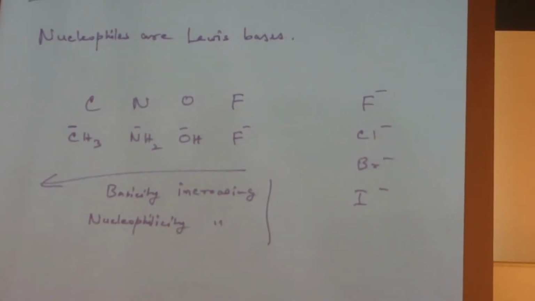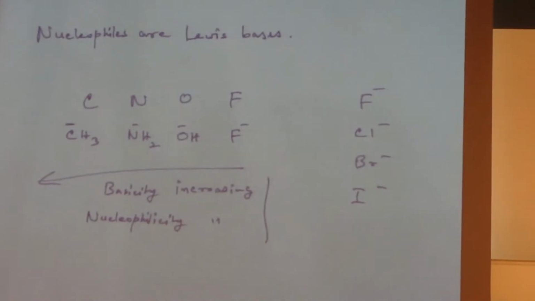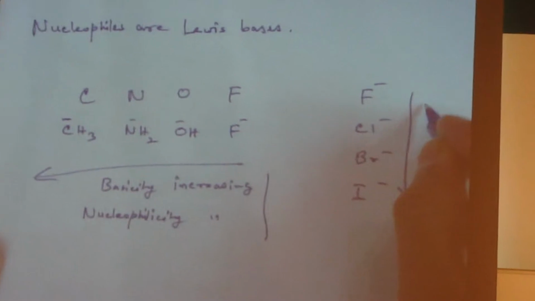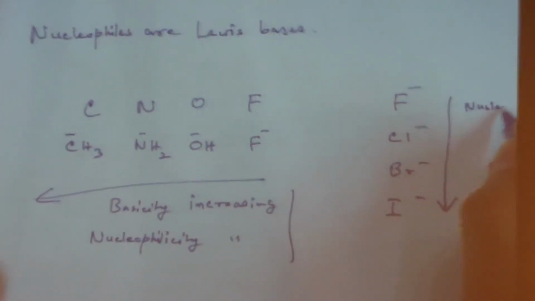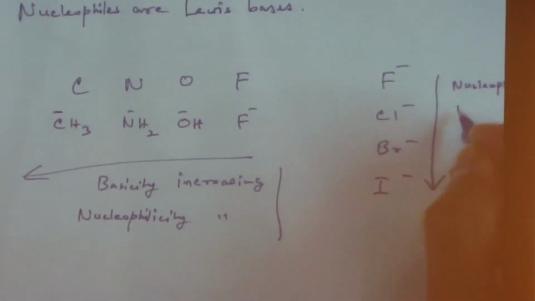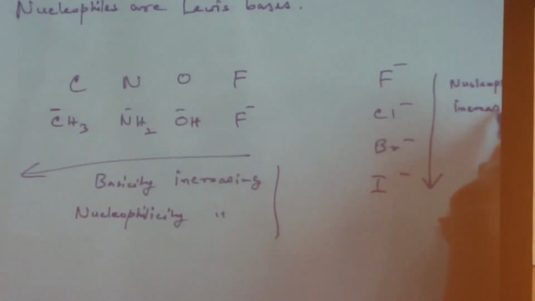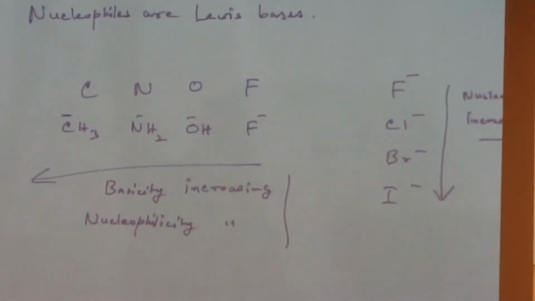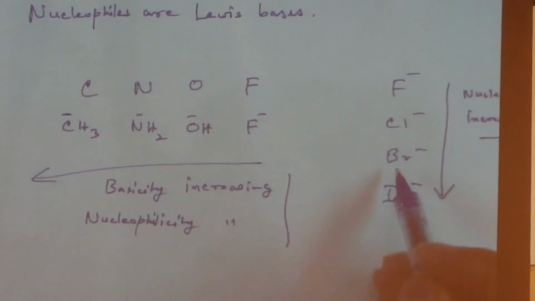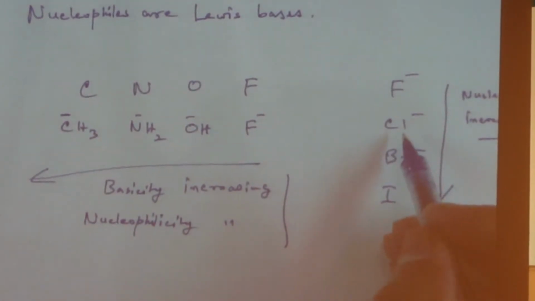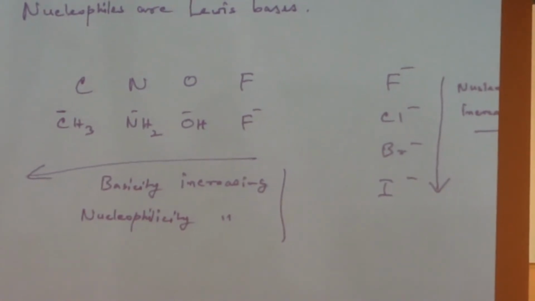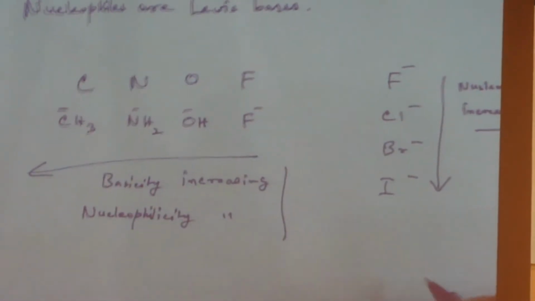Now, we can see that as we go down, nucleophilicity increases significantly in this order. Okay? In other words, I minus is a better nucleophile than Br minus, and Cl minus is better than F minus, and so on. Okay? But the basicity is now reversed. The basicity is actually decreasing in this order.